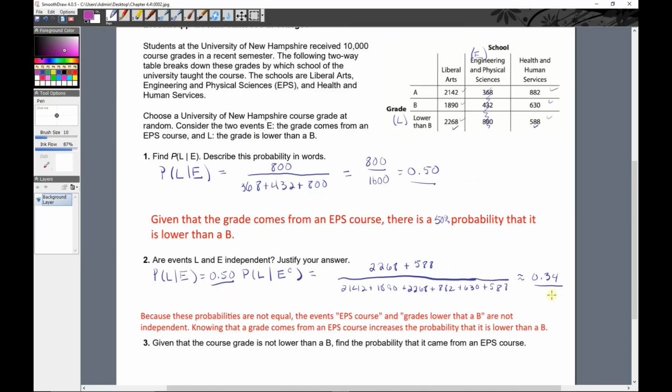If those two proportions were the same, then we couldn't say that. We wouldn't have an idea where they came from. We're not guaranteed that that grade lower than a B is from engineering and physical sciences, but we have an idea that it could very well be, because there's a bigger percentage of people in that college getting grades lower than a B.